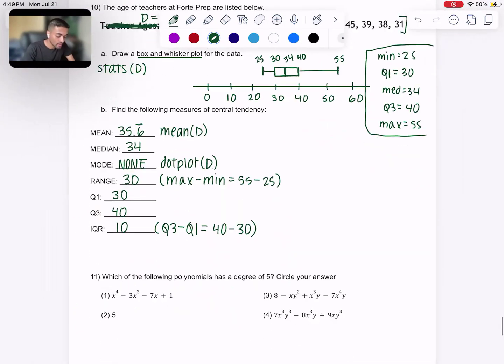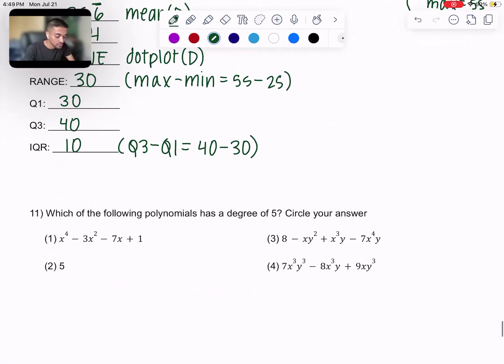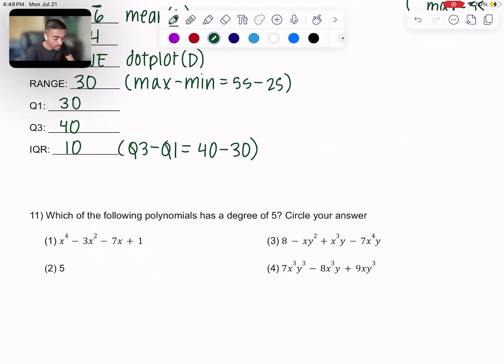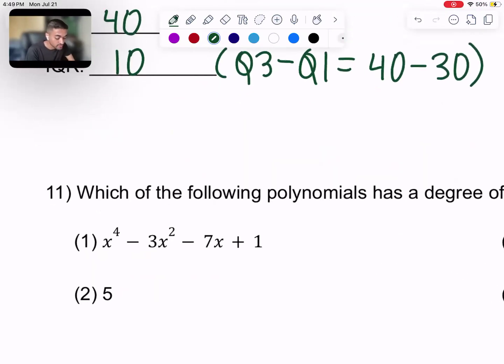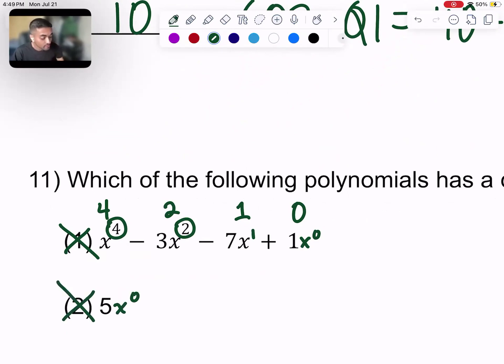Lastly, number 11. Which of the following polynomials has a degree of 5? Circle your answer. Let's go through each choice. Choice 1. First term has a degree of 4. Exponent is 4. The second one has a degree of 2. Then 1. Then 0. No degree of 5. The second one, choice 2, is a constant, has a degree of 0.